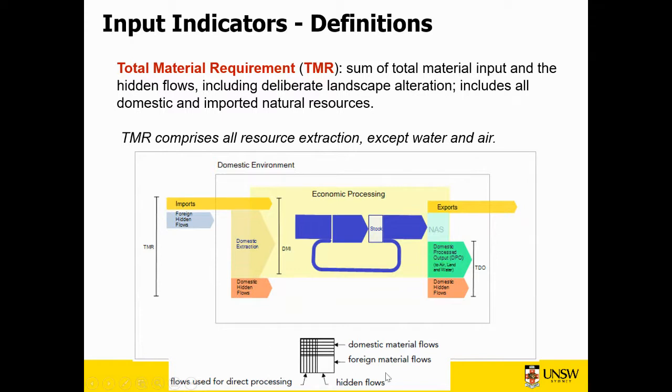Here, schematically, we see it's the sum of all the direct flows, domestic and foreign, and all the hidden flows, domestic and foreign. Sorry, I pointed this the opposite way. So all the direct processing flows and all the hidden flows, both domestic and coming in the imports.